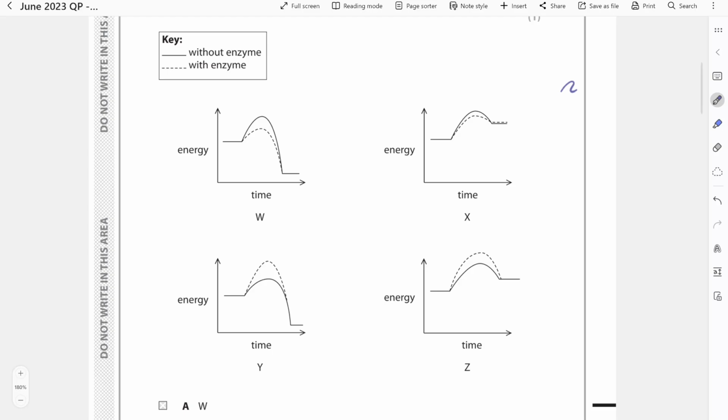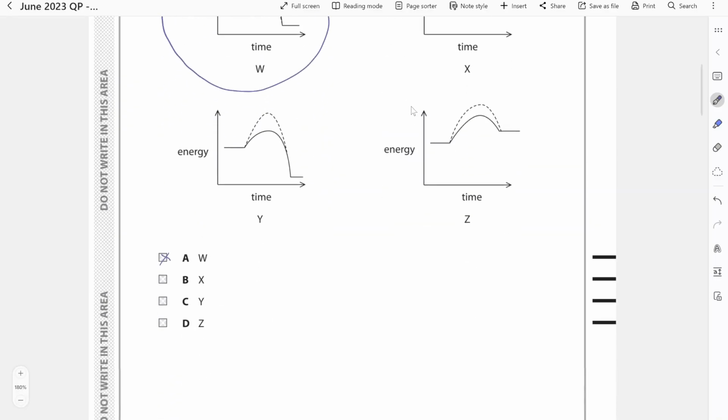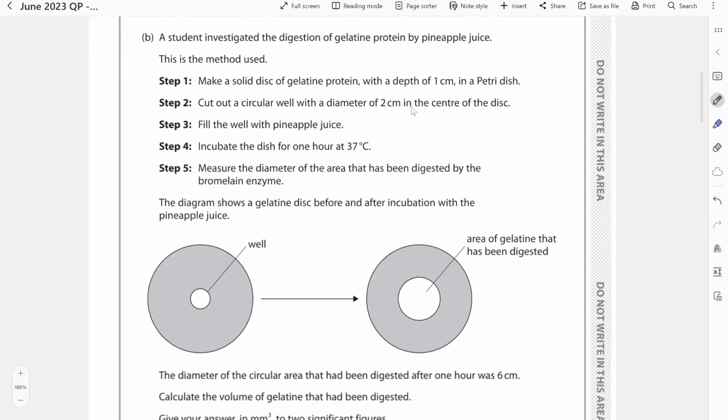The answer for this is W, so I'm just going to write A. But this would be the activation energy before the enzyme is added. And then here, when the enzyme is added, you can see the activation energy has lowered. And the definition of activation energy is the minimum amount of energy required for a reaction to take place.